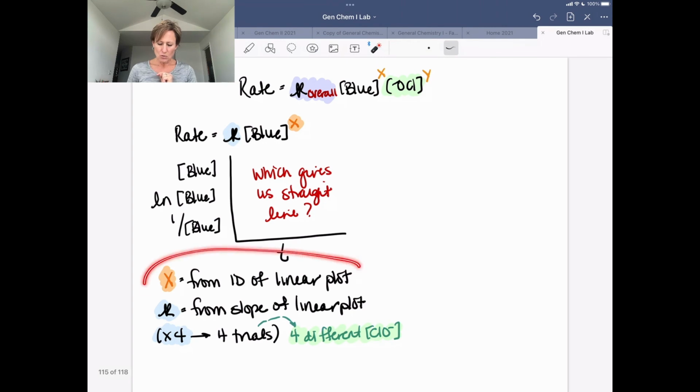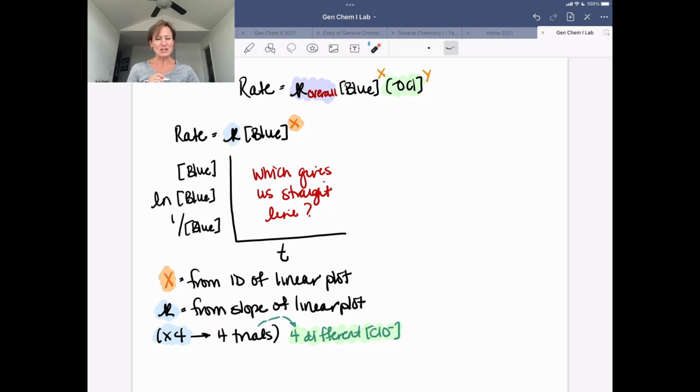Okay? So by looking at the identity of the plot and saying which plot gave us the best linear fit, that will determine our reaction order with respect to blue. But we also got important information from that because the slope of whatever plot was linear gave us this rate constant, okay?